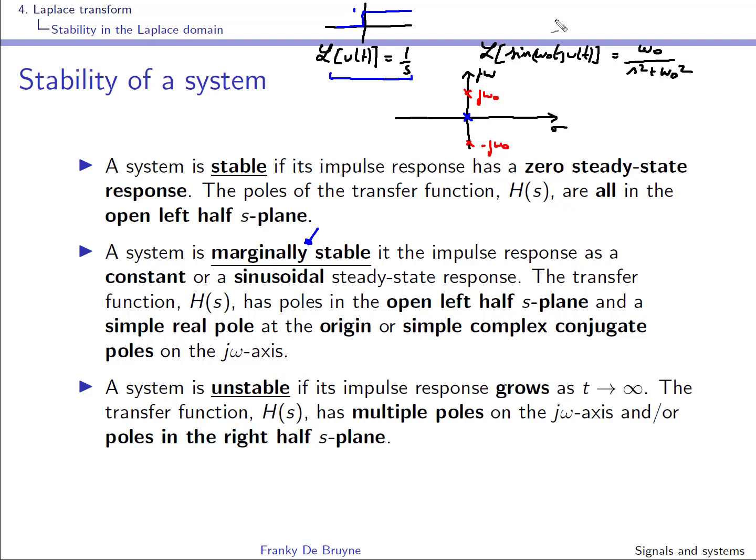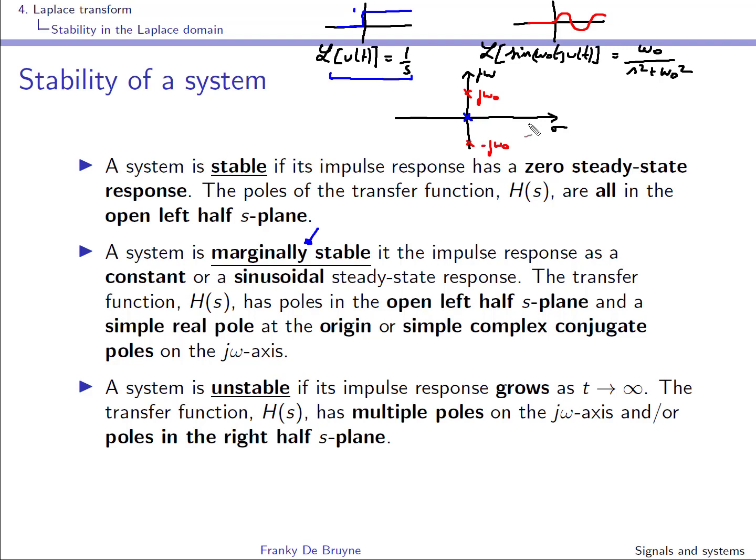If we look at this in the time domain, we'll have something like this, and then it starts like this. Again, it's not asymptotically stable, but it's not a signal that is growing.